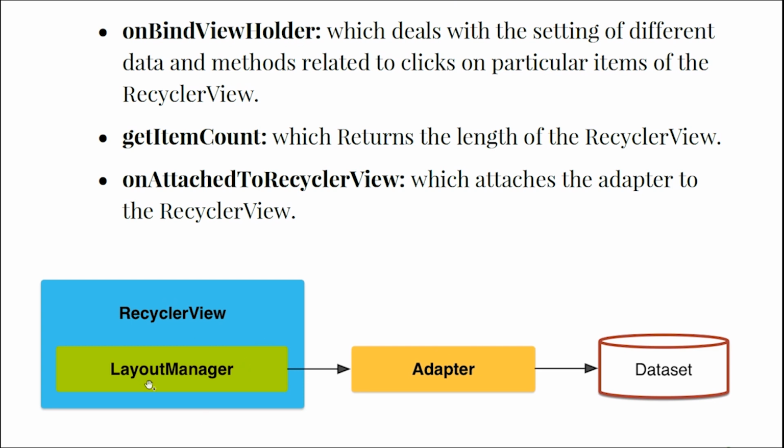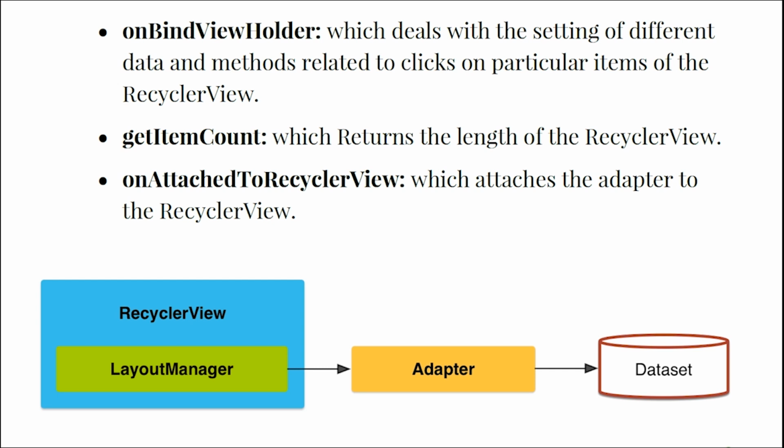RecyclerView, having a layout manager, describes what we have in our layout from text views, image views, and whatever. They give data to the adapter, and the adapter will get the data from the dataset and bind it to create a RecyclerView.